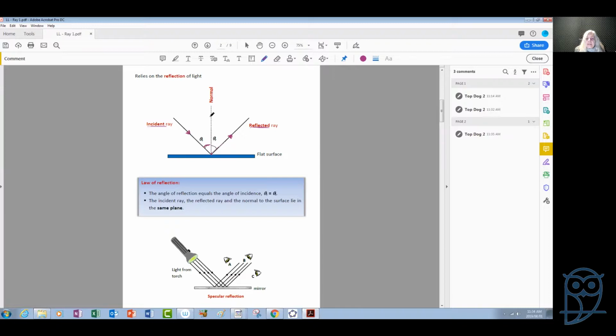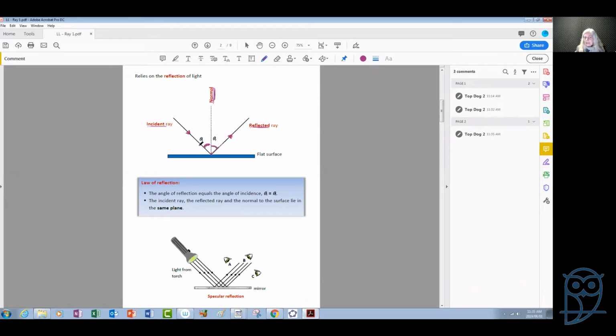It's not a ray, it's a line that we draw, this normal. We call it normal because it's perpendicular to this surface. And then the incident angle is the angle that forms between this normal and the incident ray, whereas the angle of reflection is the angle between this normal again and the reflected ray.